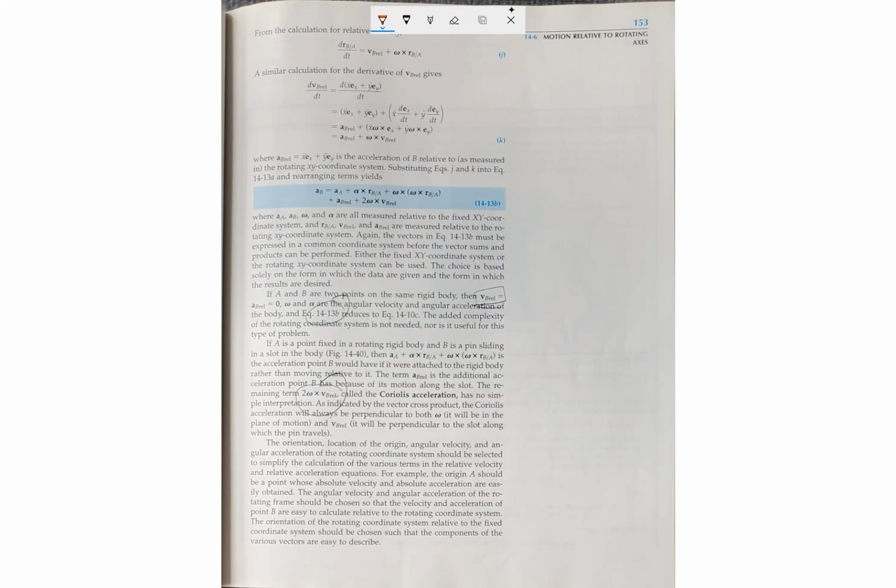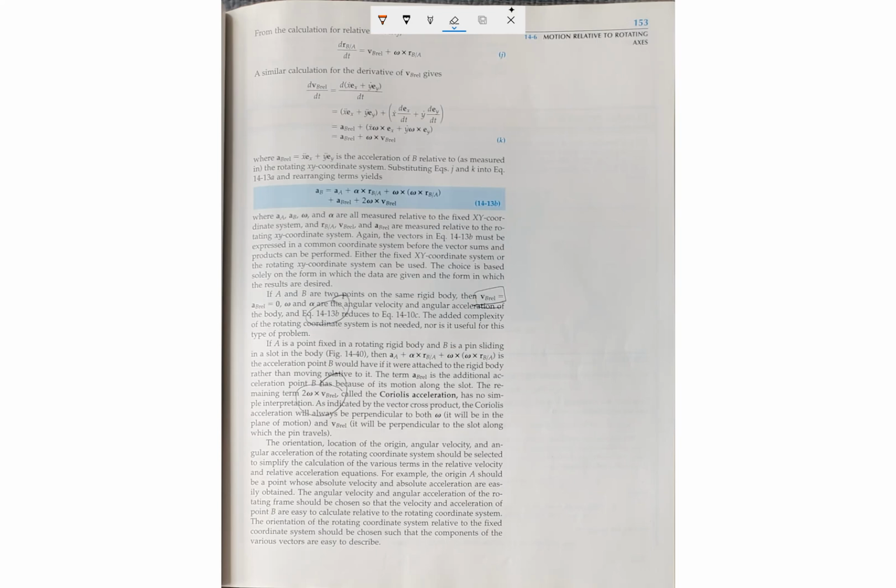You understand that if the pin is accelerating, it's going to accelerate in the direction that the slot allows. Now, what is going on here? We've got two cross products, and one of the cross products actually has two cross products inside of it. It's the acceleration point B would have if it were attached to the rigid body rather than moving relative to it.